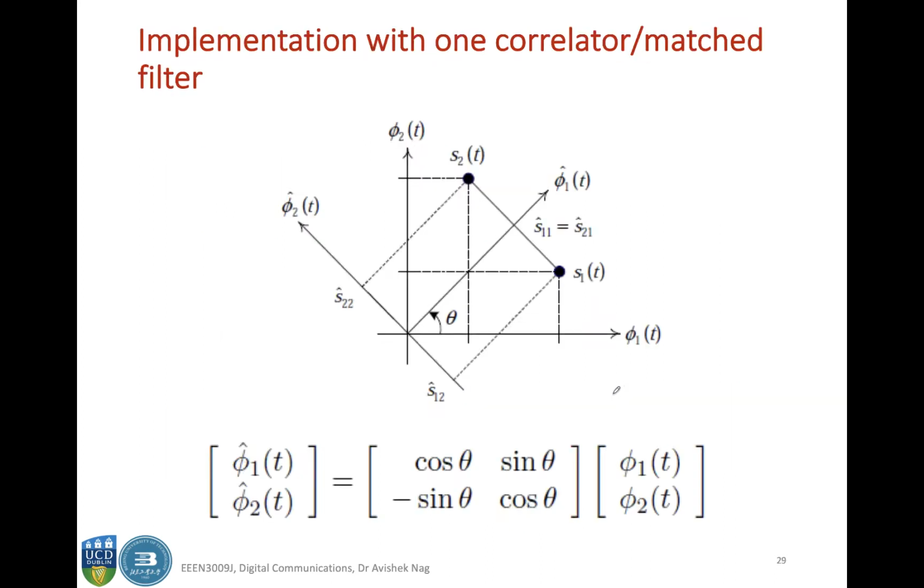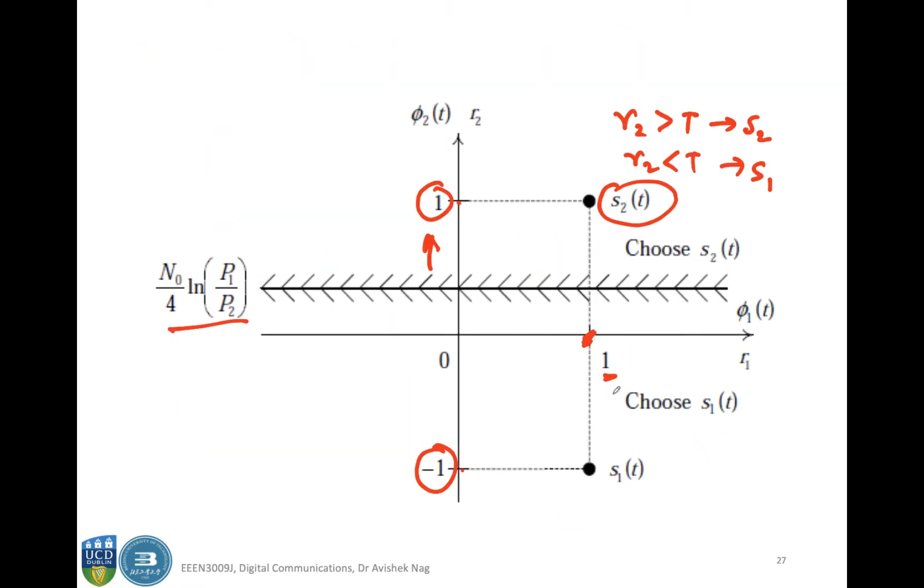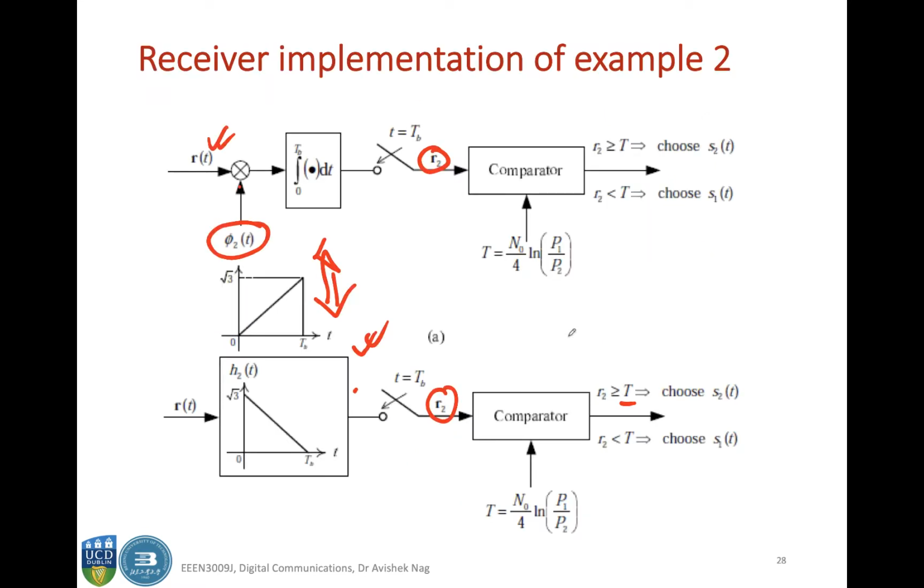This implies that if you can manage to represent the signals in such a way that they look like this, two points which have the same phi1 component, let's say, then you can just have one matched filter and a comparator to implement your receiver.